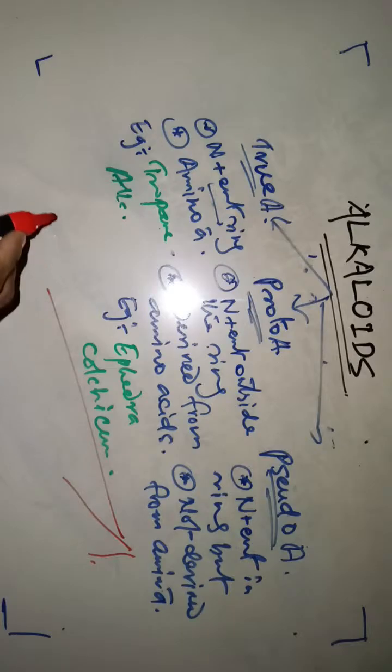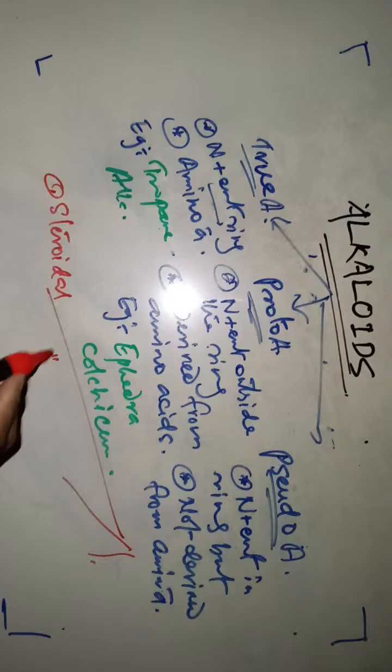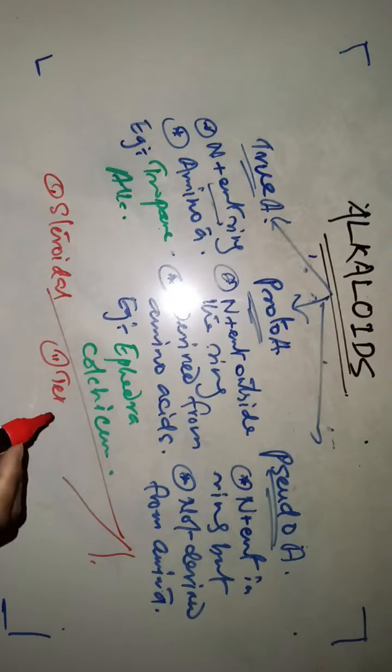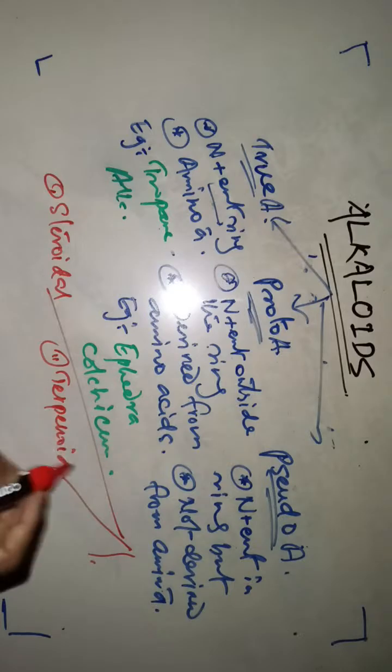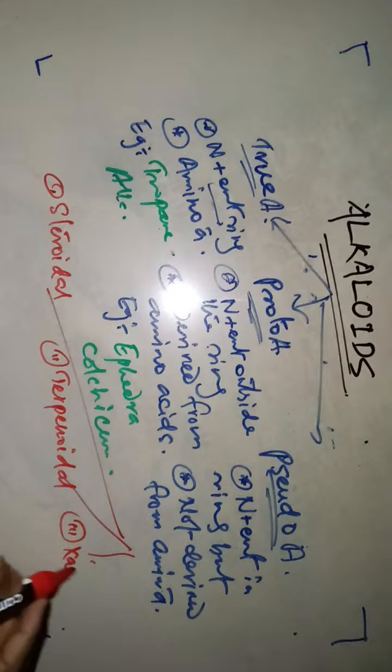So number one is steroidal pseudoalkaloids. Number two is terpenoidal pseudoalkaloids, and number three is xanthine pseudoalkaloids. Now we are going to learn about the different subclasses of pseudoalkaloids.